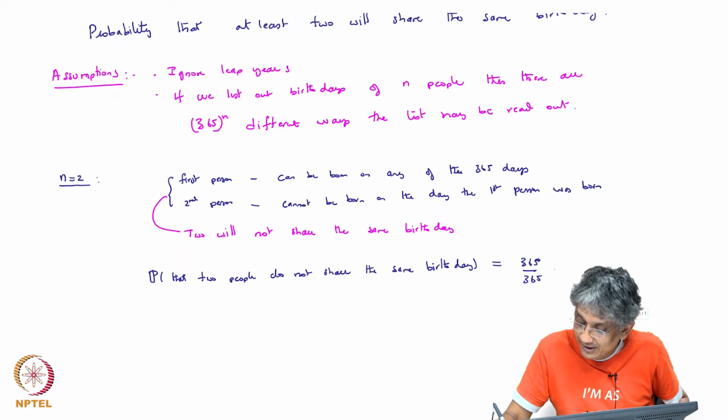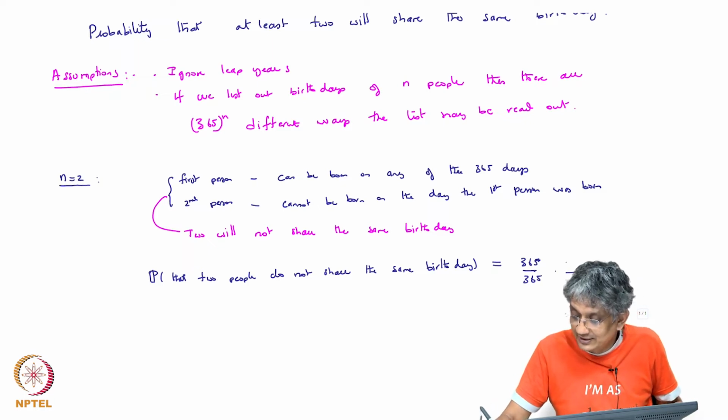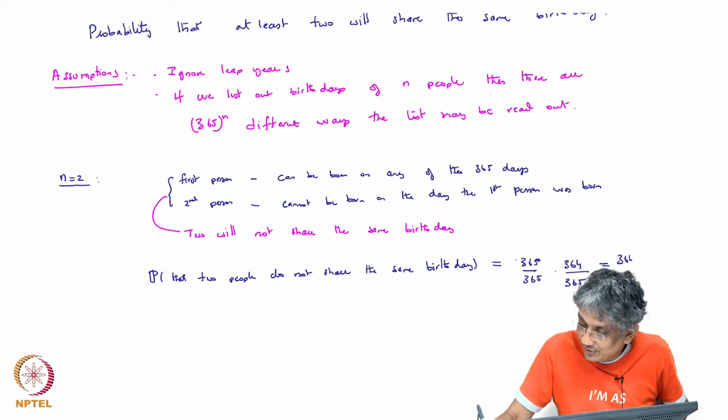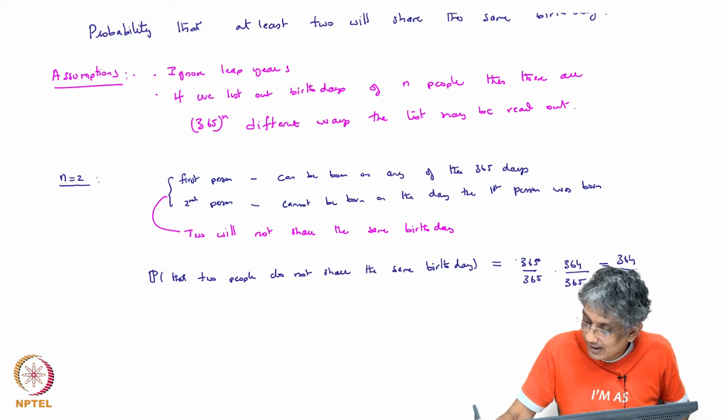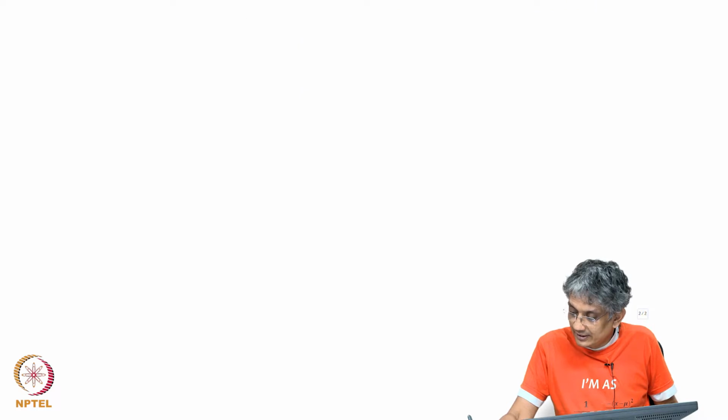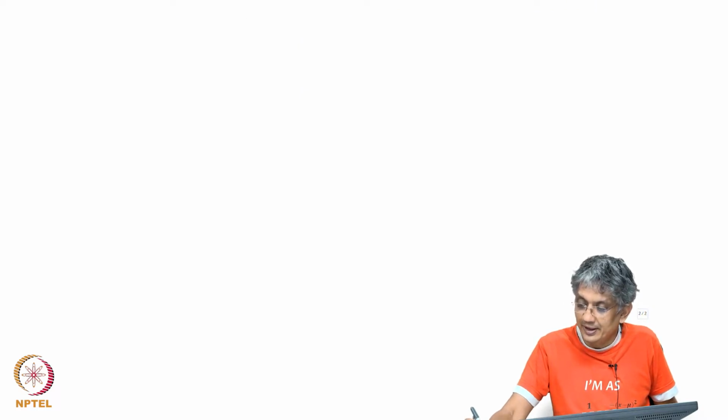The second person has only 364 choices, because one day is taken by the first person. So the answer is just 364 by 365. That is the chance that the two people do not share the same birthday.